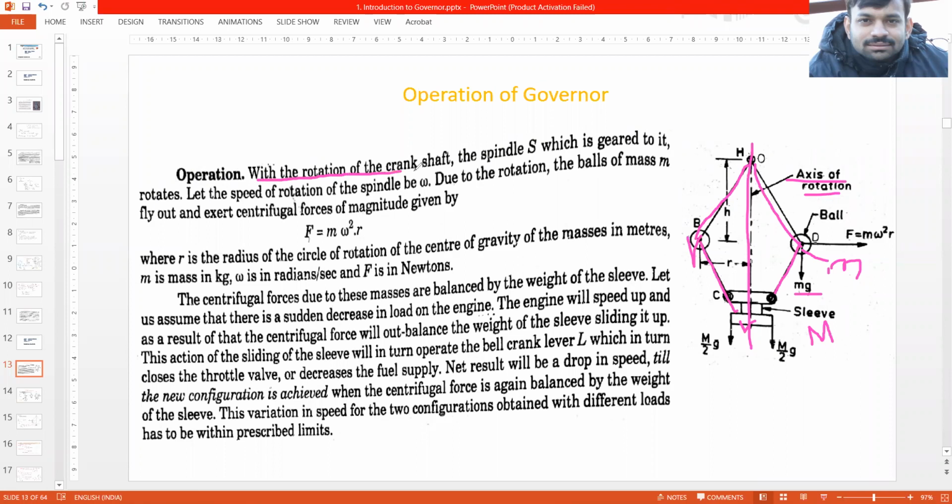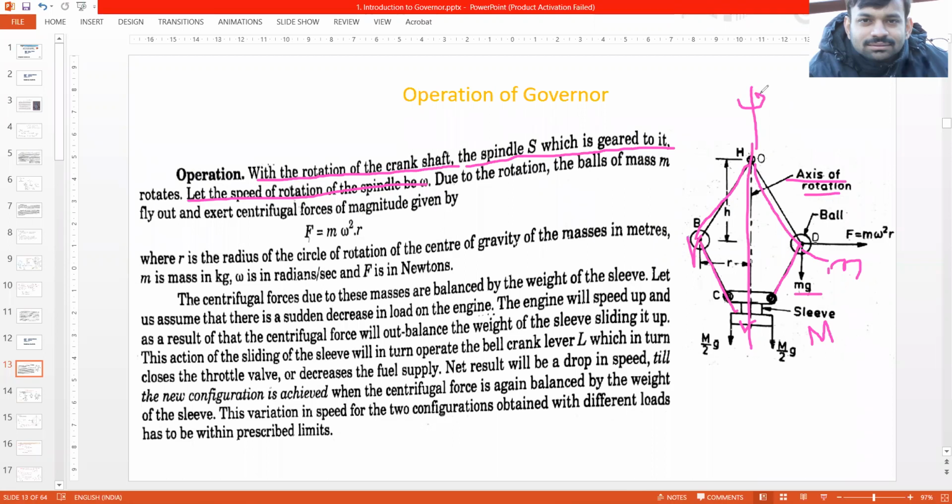With the rotation of the crankshaft, the spindle S, which is geared to it, also rotates. Right. So when the crankshaft rotates, the spindle also rotates because it is geared to it. As we saw, if they are at 90° to each other, then we will use the bevel gear arrangement. All right. Now let the speed of rotation of the spindle be omega. Let's say the spindle is rotating with the speed omega, right?